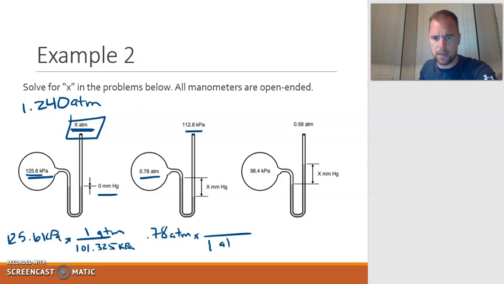So 1 atm is equal to 101.325 kilopascals. Let's figure out what that is.